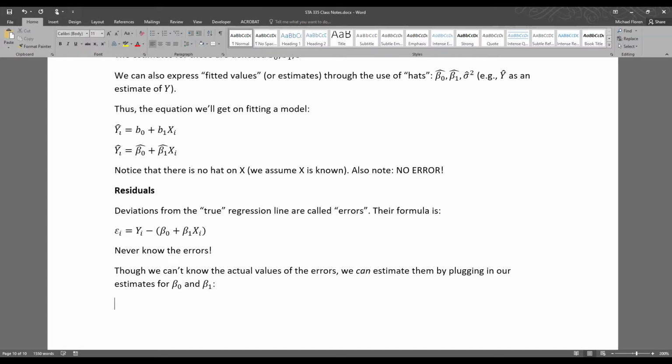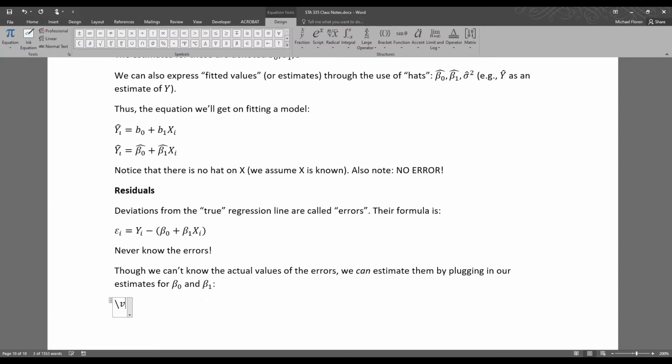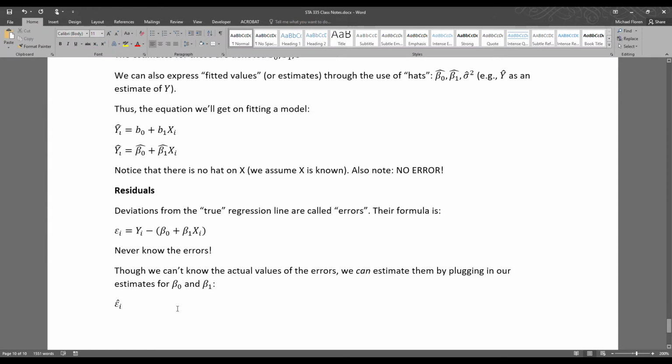If we plug in those estimates, what we get is an estimate of our error term. So again, we're not going to know the errors, just like we're not going to know beta 0 and beta 1. But we can guess at beta 0 and beta 1, so that's how we're going to guess at the errors.